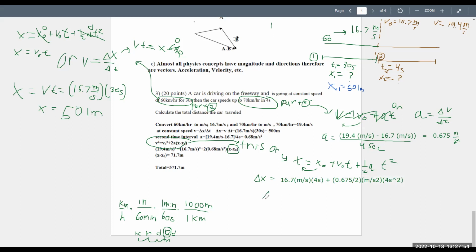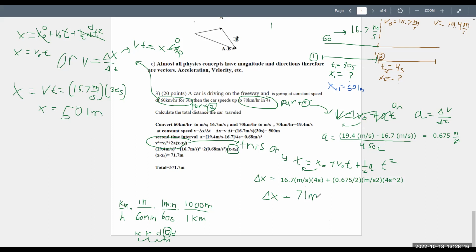So then your delta X is equal to, I got 71 meters.